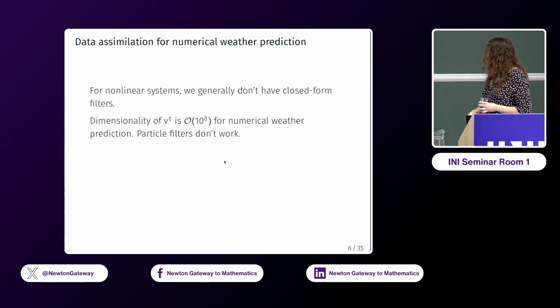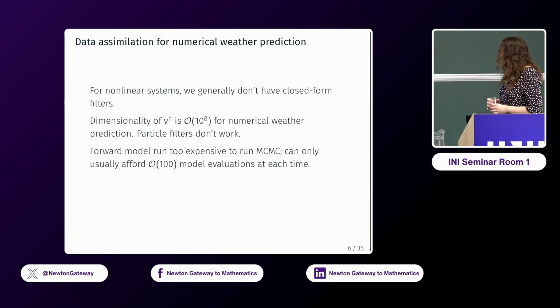And so we don't typically have closed form filters for nonlinear systems. The dimensionality is huge, so we can't use approaches such as particle filters, which are common in other fields. The forward model is too expensive to run methods such as Markov chain Monte Carlo. We can only afford, on the order of 100 model evaluations at most, really.